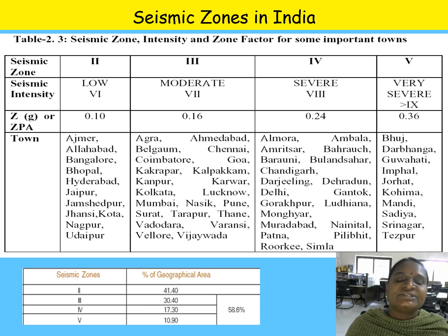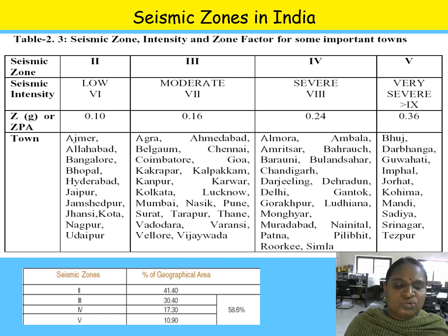So if it is seismic zone 2, then your seismic intensity will be low and your zone factor is 0.1, and these are some of the important cities that fall under seismic zone 2. This is seismic zone 3, where the seismic intensity will be moderate and the zone factor will be 0.16, and these are the towns which fall under this category.